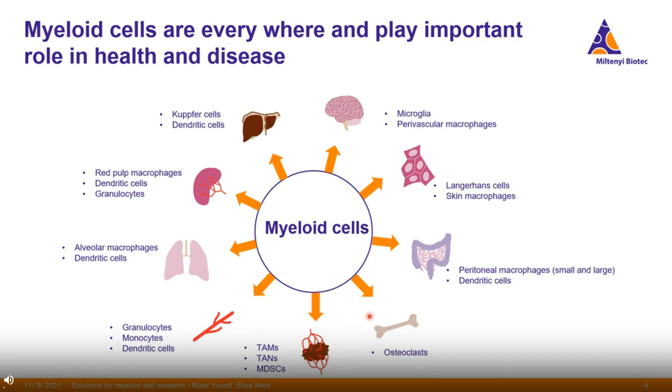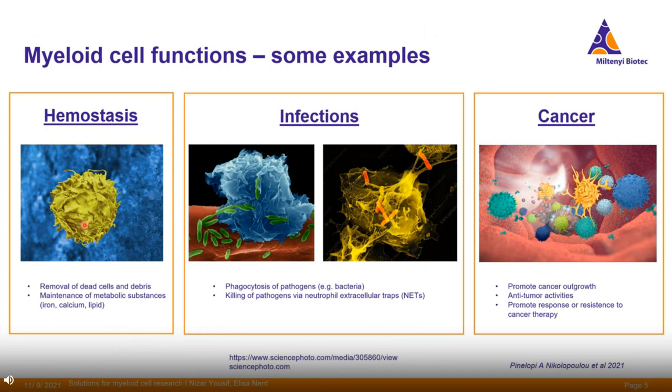The widespread presence of myeloid cells in different organs immediately gives us the indication that these cells have important roles. So let's have a look together at some examples of myeloid cell functions. Myeloid cells have important functions in health and disease.